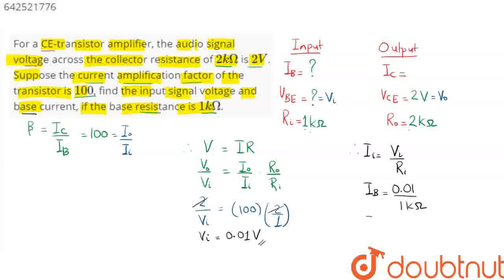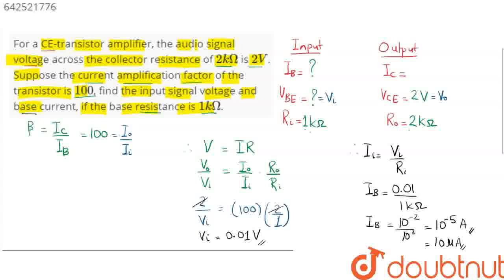So this comes as base current equal to 10 power minus 2 divided by 10 power 3, which is 10 power minus 5 ampere. 10 power minus 5 ampere can be written as 10 microampere. So the base current is 10 microampere and the input voltage is 0.01 volt, which is our answer.